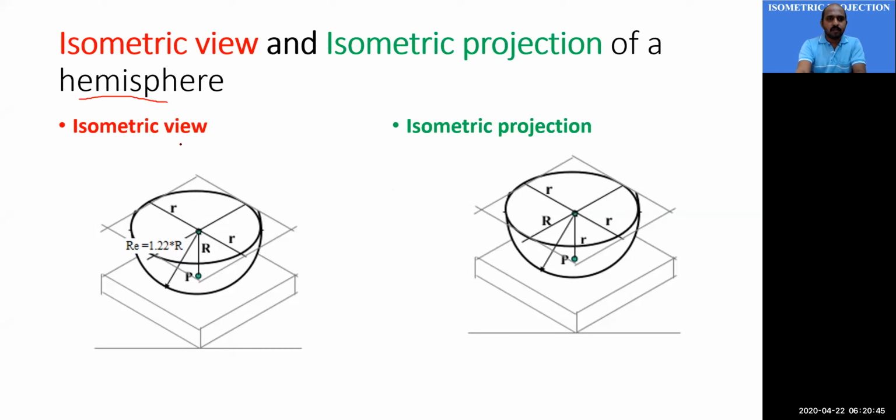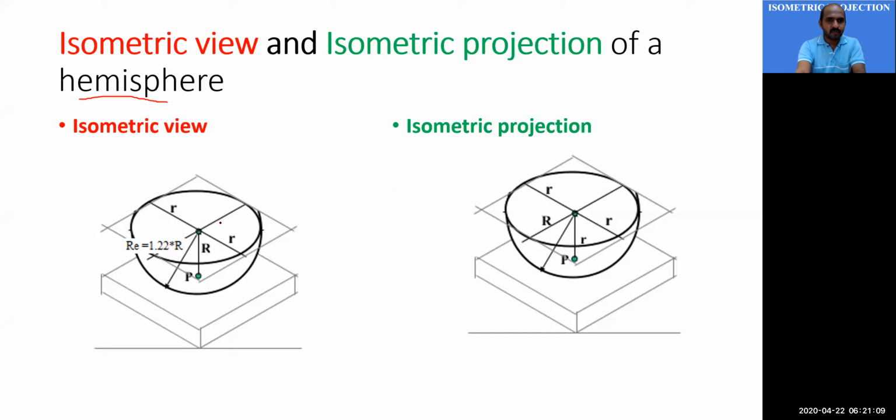In theory, when we compare the isometric projection and view of a sphere with respect to a hemisphere, the left side figure represents the isometric view of a hemisphere, which is placed centrally on the top of a square prism.